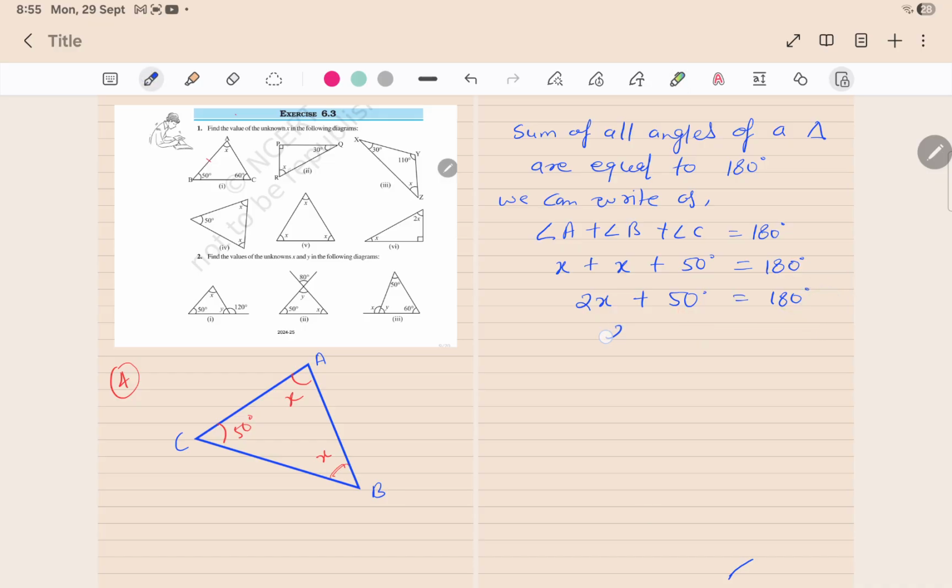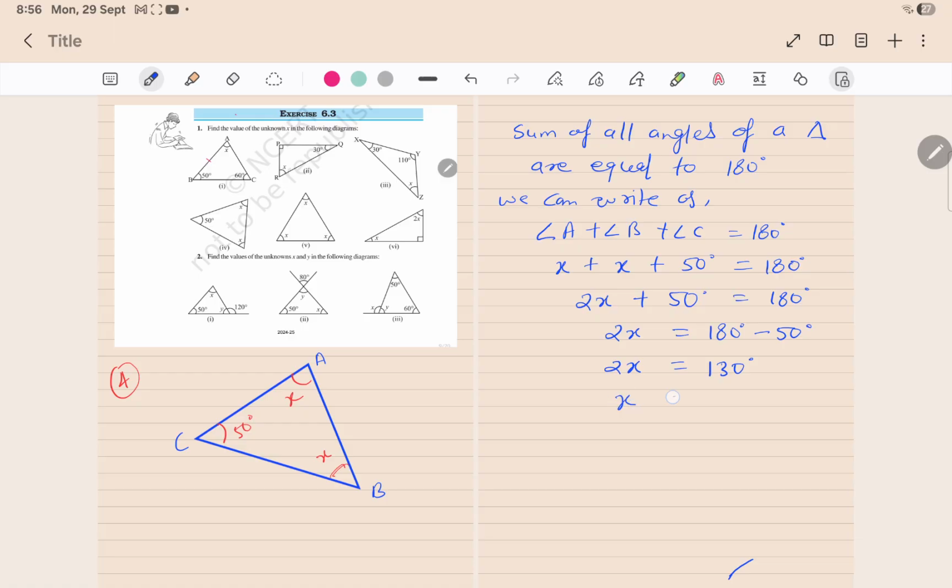So 2x equals 180 degrees minus 50 degrees, so 2x equals 130 degrees. 2x means 2 multiplied by x, and when 2 is transferred to this side, multiply changes to divide.